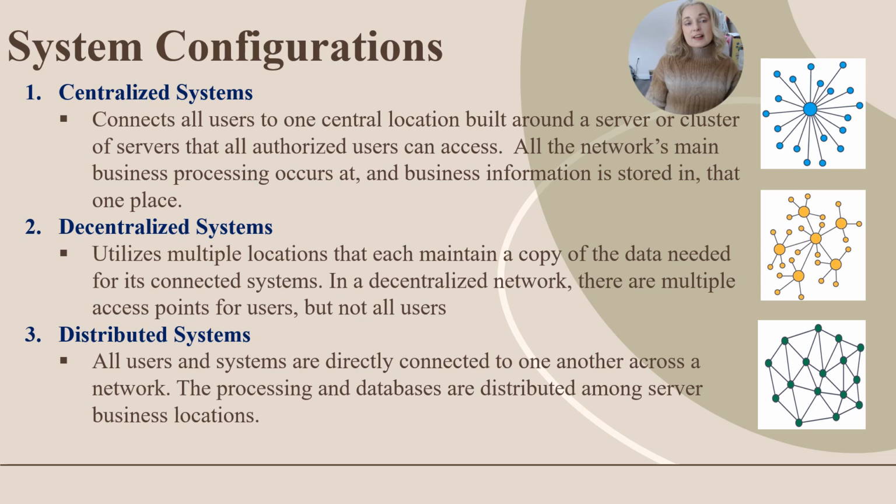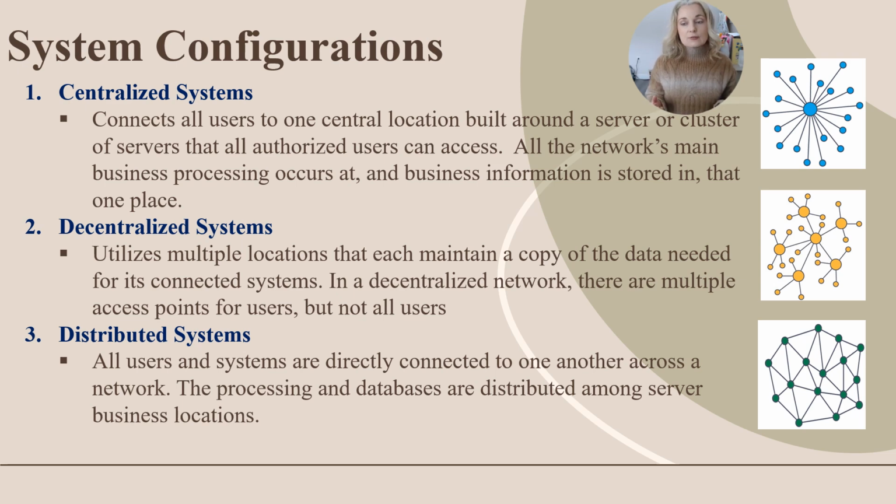In centralized systems, all users are connected to one central location, and this is where the server is, or a cluster of servers, and all authorized users access the system from that point. And all of the network's main business processing occurs at that point, and business information is stored in that one place. So you have one place where everything happens in a centralized system.